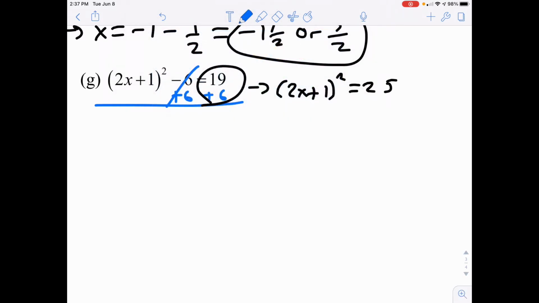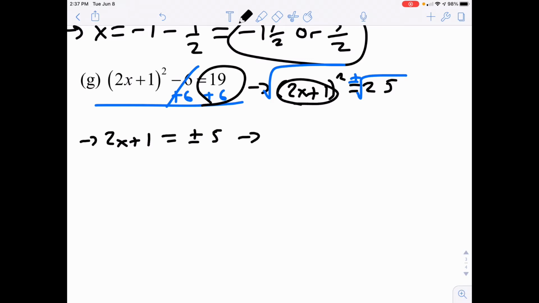We're going to square root both sides, in which case we get 2x plus 1, because that's what pops out, equals plus or minus 5. So our two equations would be 2x plus 1 equals 5, and 2x plus 1 equals -5. Solve each one for x.